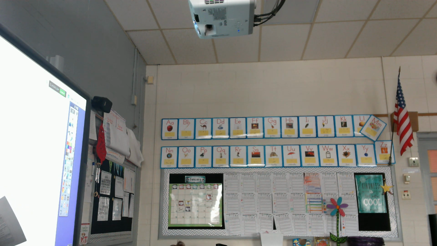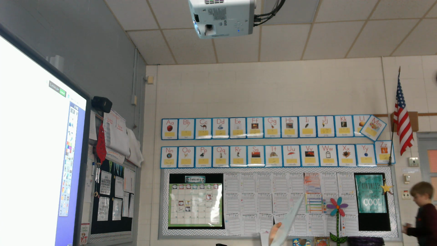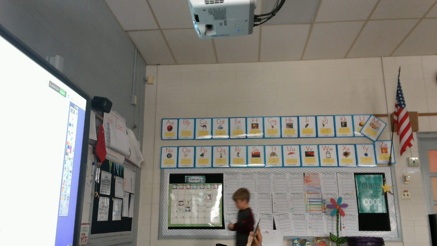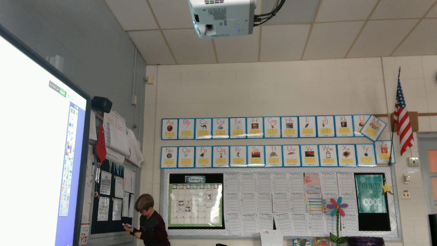So, using your skip counting, I want you to write on your board 6 times 8 equals, and I want you to figure out the product, also known as the answer. 6 times 8, and then the answer, please. And then just hold it up right here so I can see everyone's. Some of us have memorized this fact, which is awesome.